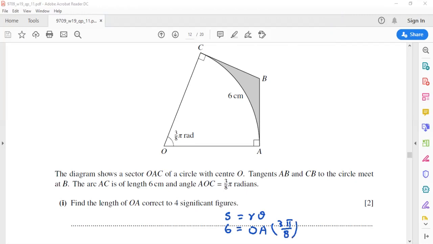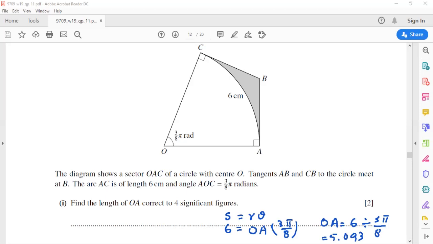So OA is going to be 6 divided by 3 pi by 8, and by using a calculator, since he's asking you to write the answer to 4 significant figures, it gives us 5.093. This is a small question here.